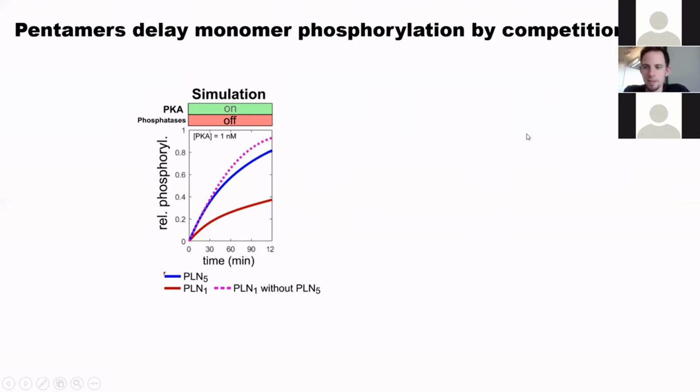Now, because there's this nice artificial mutation which you can use to prevent oligomerization, you can also test this model prediction quite easily, and that's exactly what I did in the lab.